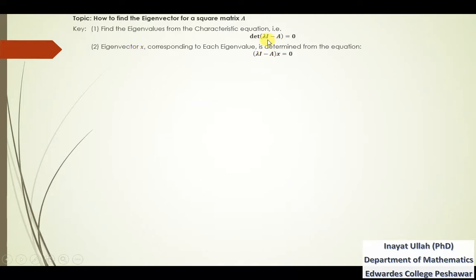That is the same matrix but without the determinant: lambda I minus A, the determinant is missing here, multiplied by the x vector is equal to 0. Using this equation we will find the eigenvector x.